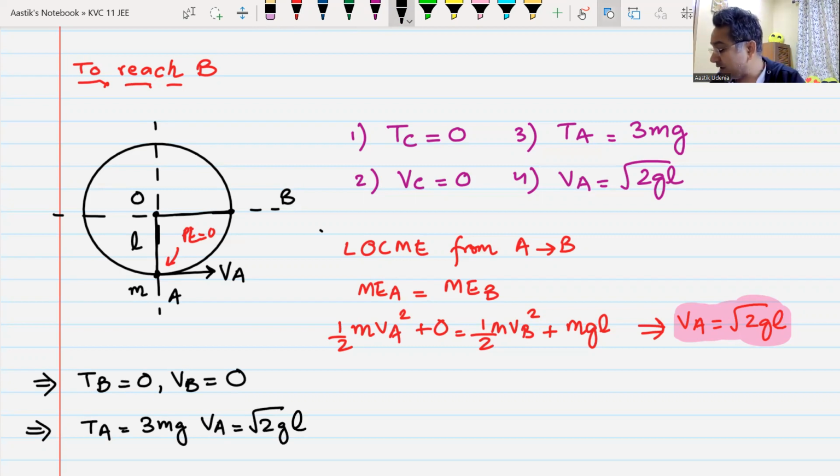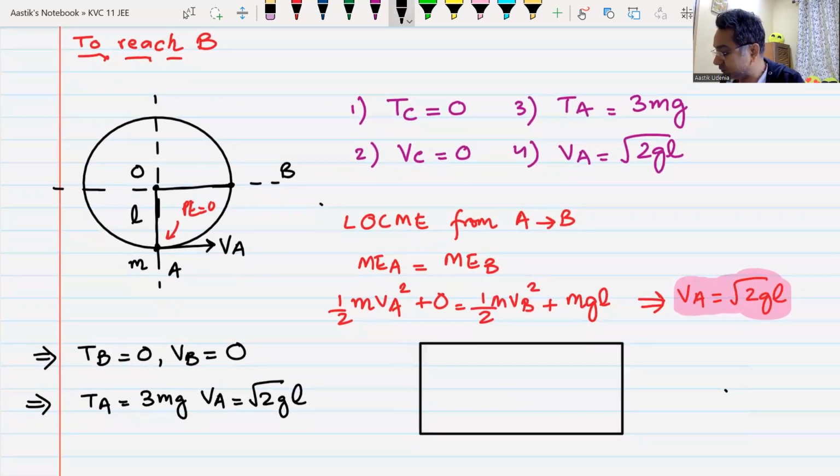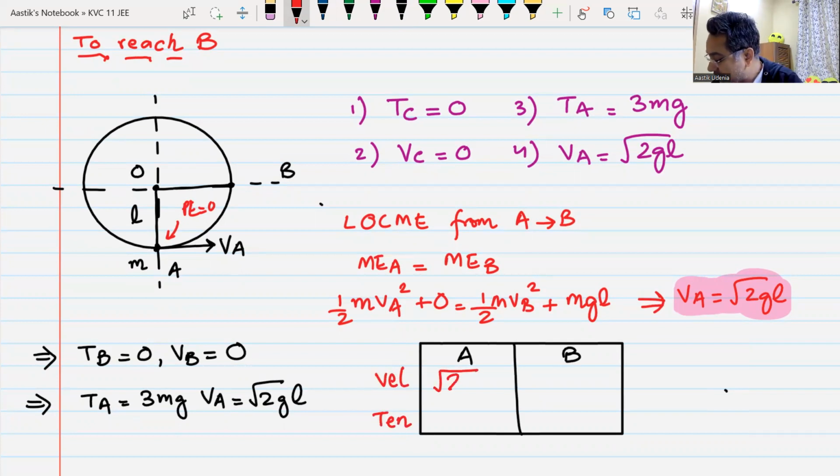If I now make my famous box, famous or infamous, whatever you call it, in this box I have to only write 2 points, point A and point B. If I talk about velocity and tension, you will again see the same relation: velocity is root over 2gl, tension is 3 mg.